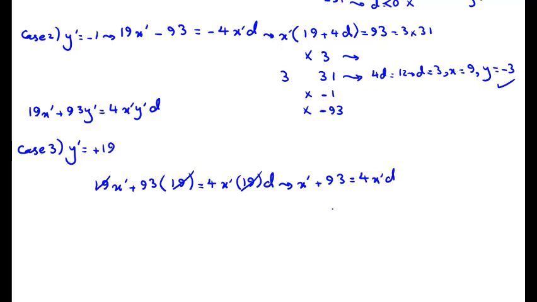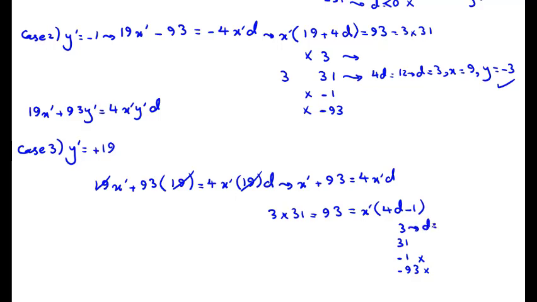And we can say 93, if we factor out x', 4d minus 1. Now, it is 3 times 31. So here it is 4k plus 3, the remainder. So it can be 3, 31, negative 1, negative 93. Because d is at least 1, positive, these two cases are impossible.